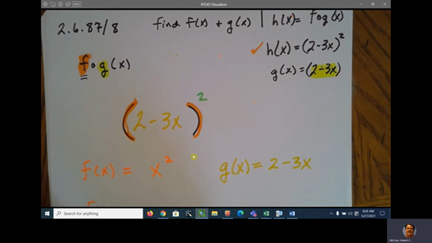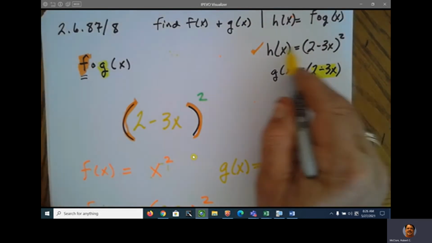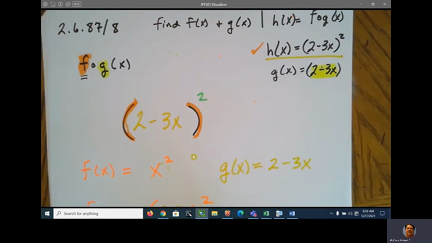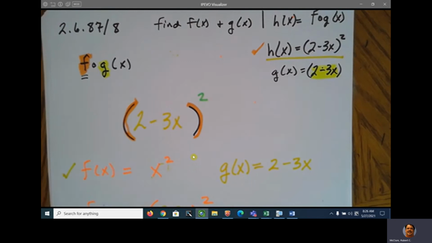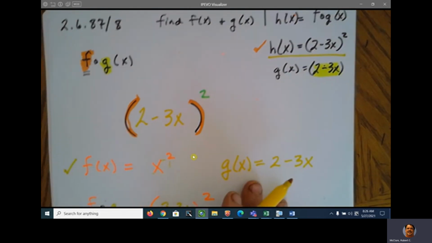I'm going to rewrite F with a big set of parentheses, and I'm going to plug in 2 minus 3x. And is that what we started with right here? Yeah. So this is a check. So your answer is F of x is equal to x squared.